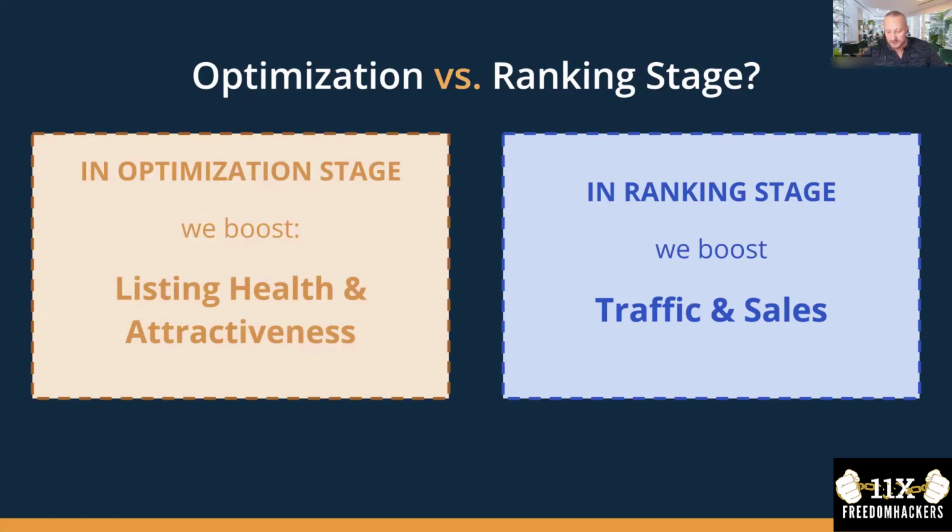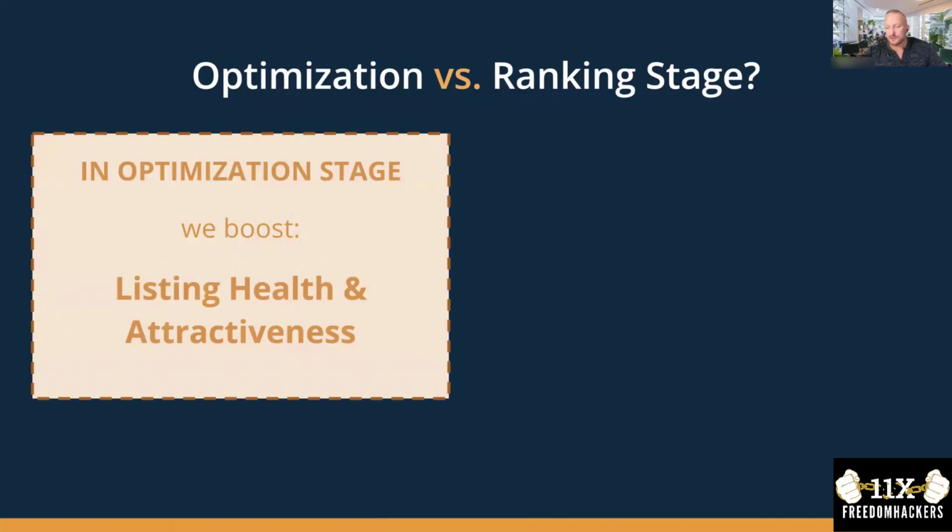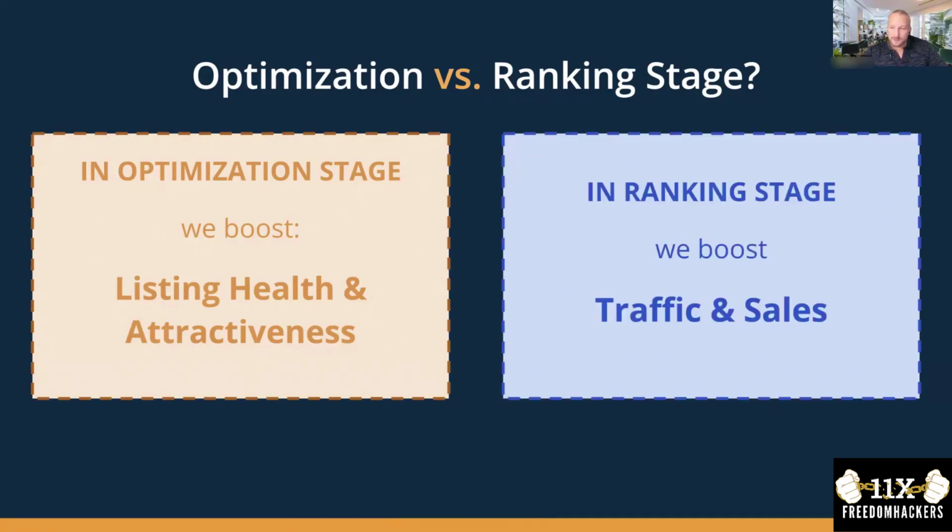And remember, guys, if your conversion is really bad, meaning that your listing is not attractive, it doesn't shine out, your main images don't grab attention, then your traffic will be expensive because people are clicking your product but not buying. So you're going to spend more money in the ranking stage if you start ranking your product while the listing is not sexy and funky, right?